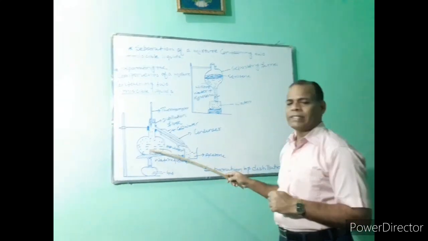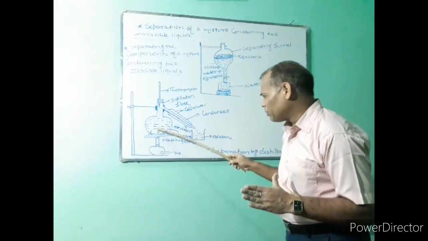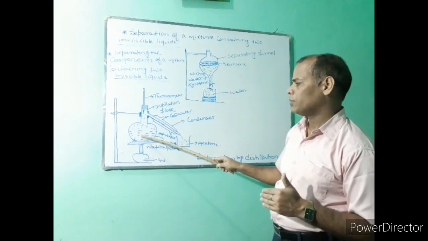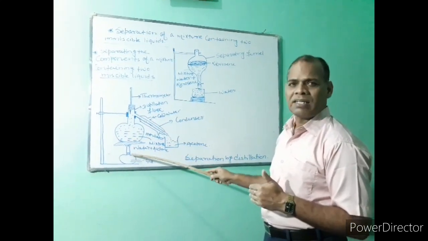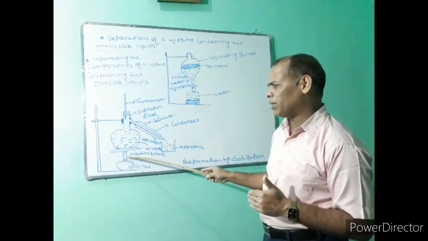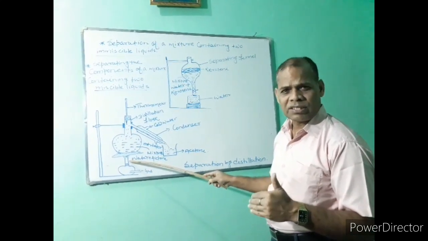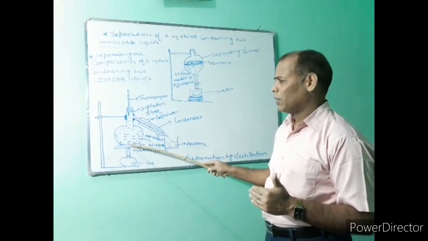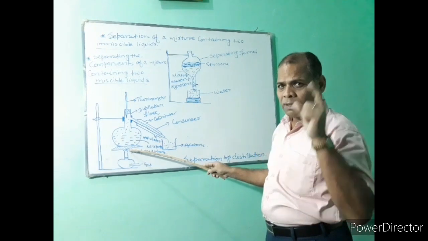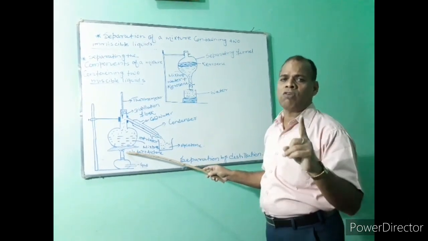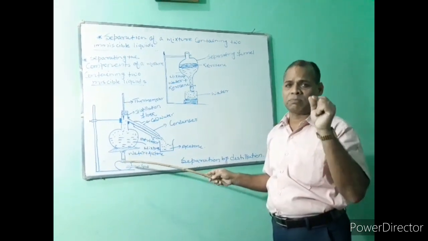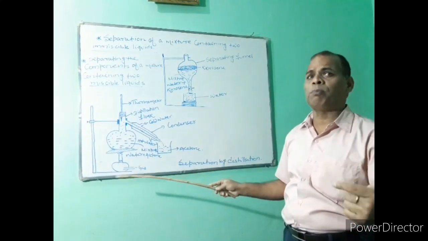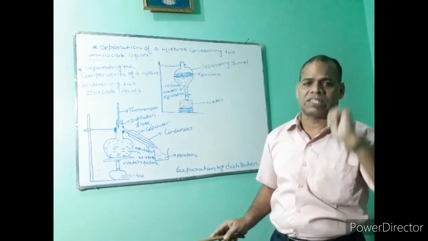Now first of all, take the mixture containing water and acetone. Set up this apparatus. Here there is a Bunsen burner which is provided for heating. Now make sure the boiling point of acetone is 56 degrees Celsius, and the temperature should not go beyond 60 degrees Celsius.